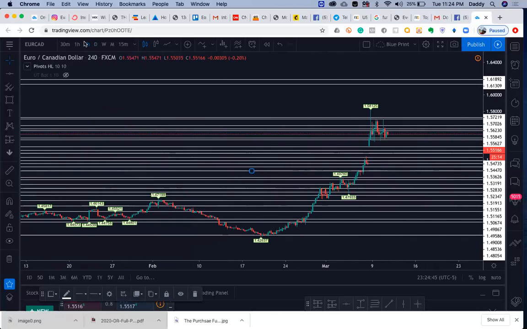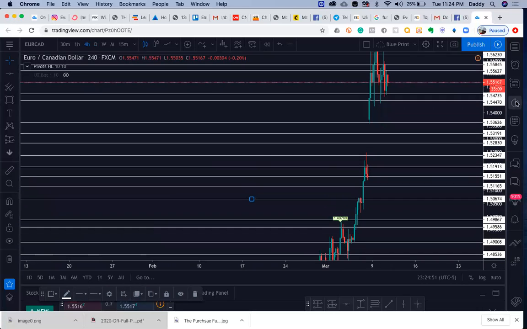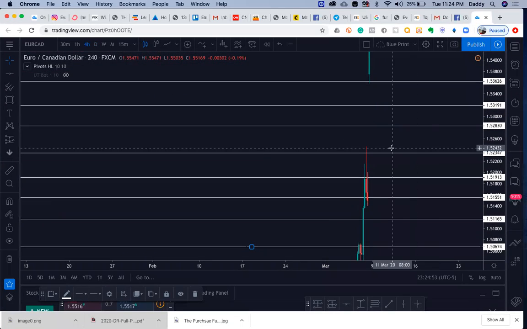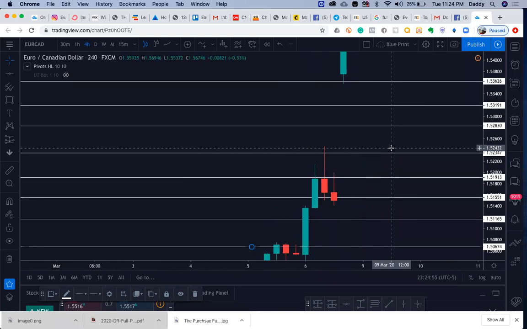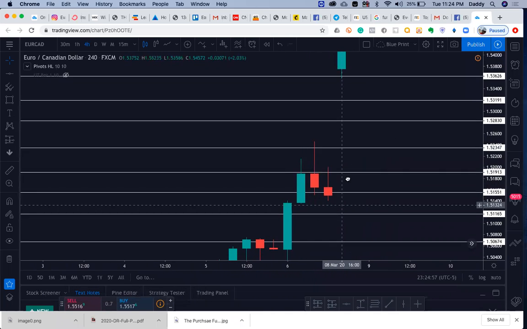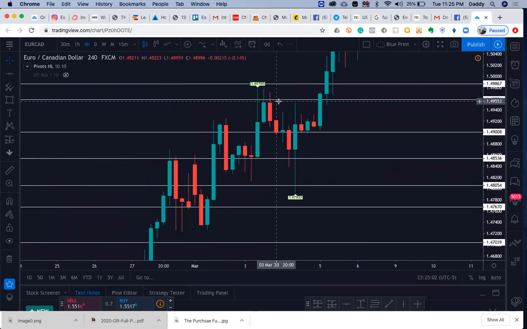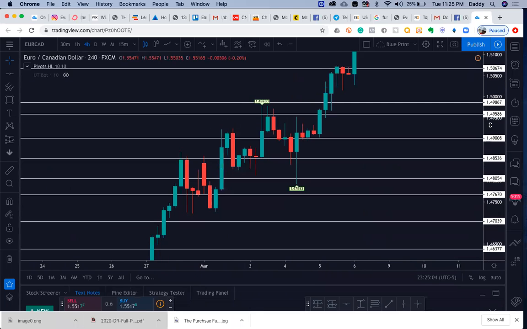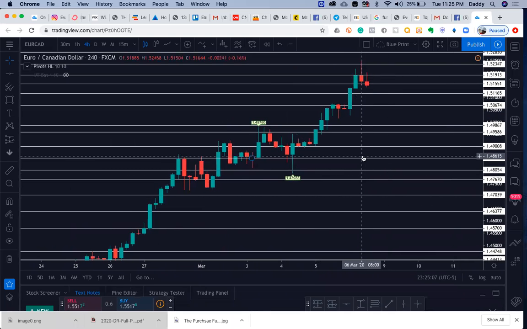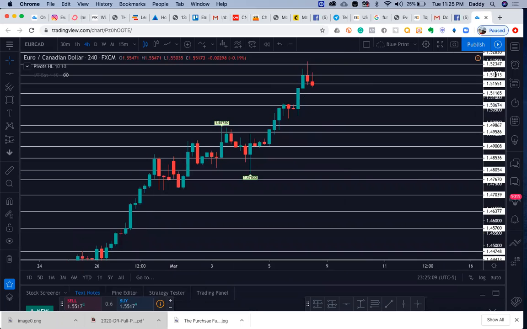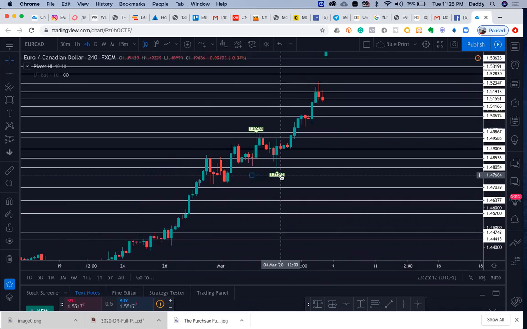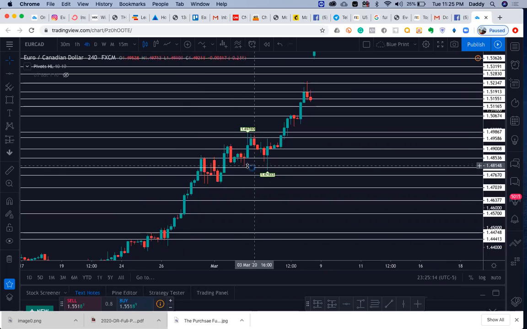Now that I've got this marked up, this is what we do. We come down to the 4 hour, and we come over here and open price up. Now if you look at it, you see how price is doing a little bit better at sitting on the line.